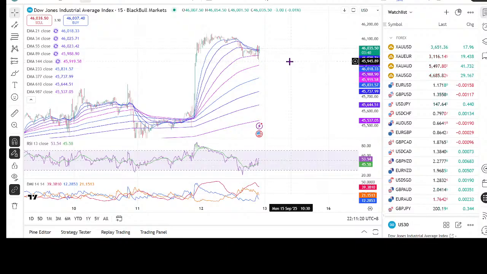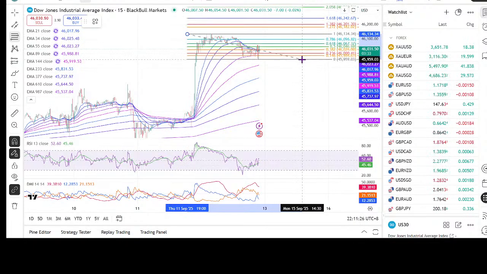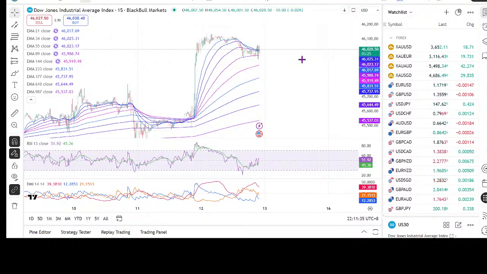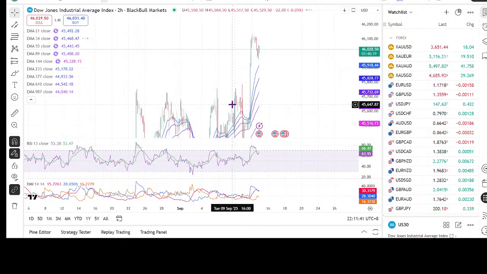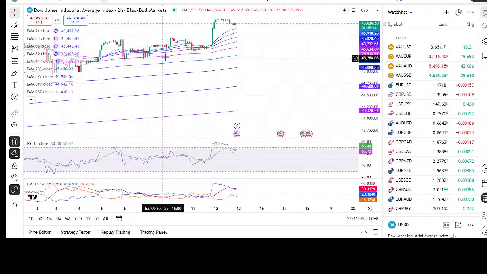If you ask me, I don't think a correction has started yet. So I should be looking to go for a buy, and I should expect the price to break this high towards 240. Earlier we found it's 260, so probably around 200, 205. Since we are going for a buy, we need to see the stop.